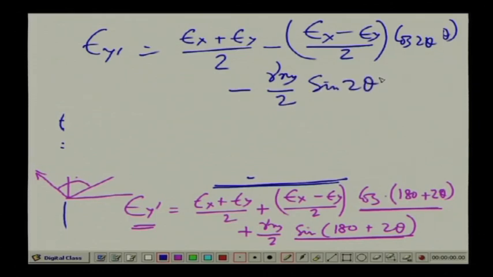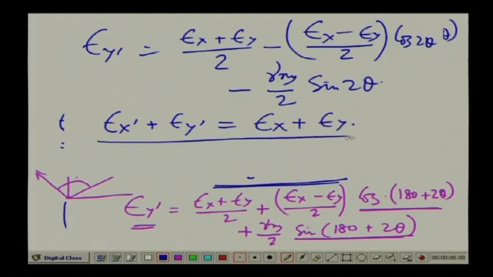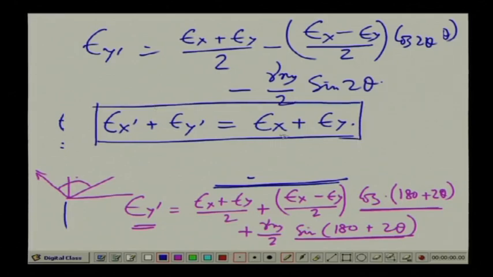And interestingly, if we add epsilon x dashed plus epsilon y dashed, this gives us epsilon x plus epsilon y, because the other terms get cancelled. Hence epsilon x plus epsilon y is equal to epsilon x dashed plus epsilon y dashed. If you remember, when we evaluated the stresses at a point with reference to different orientations of axes, we had seen that the total stress values remain constant.